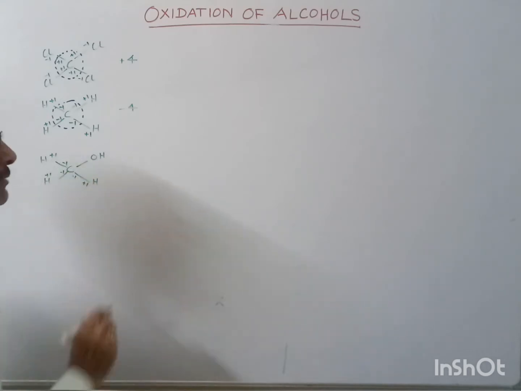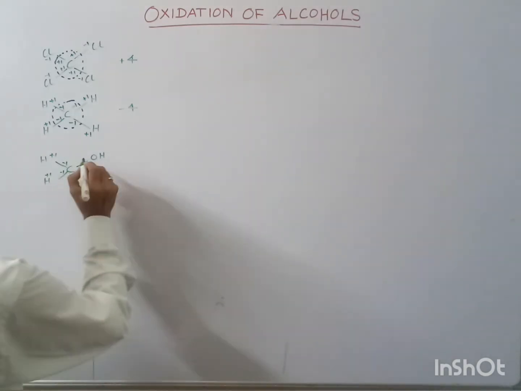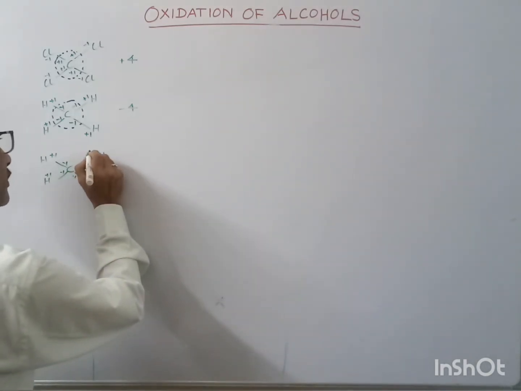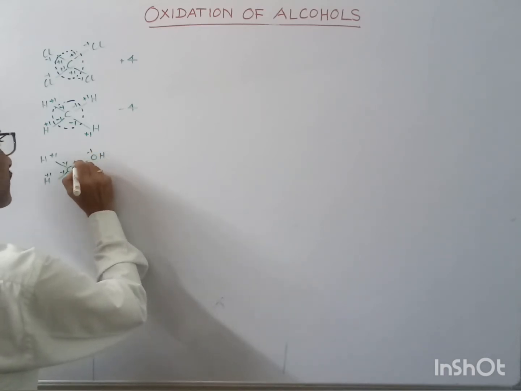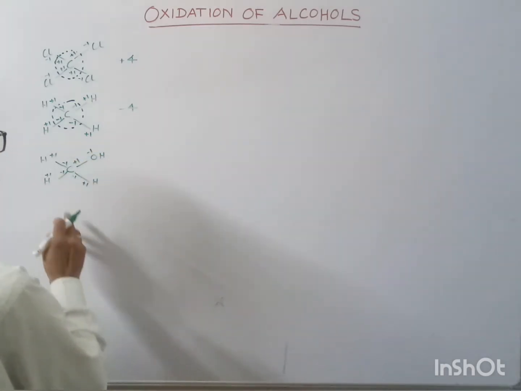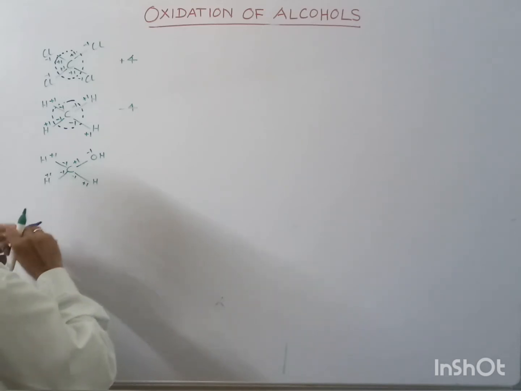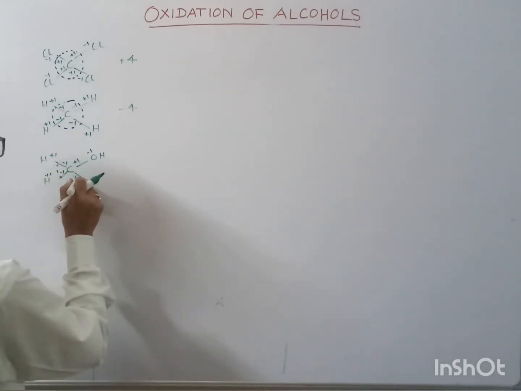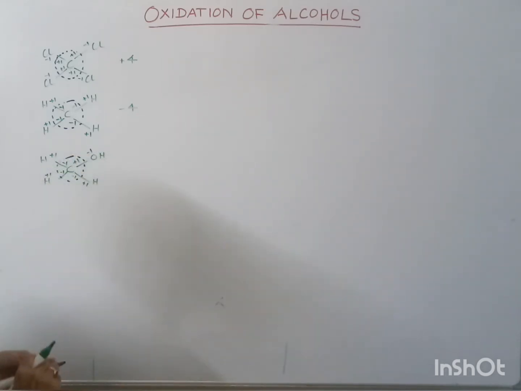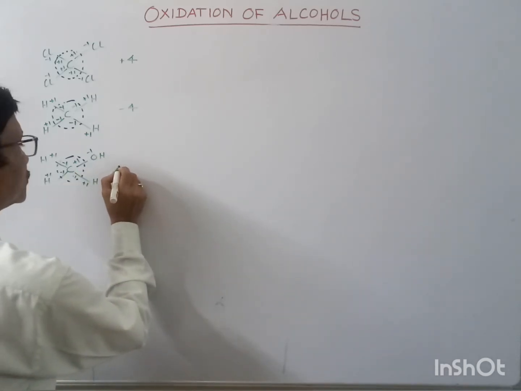Now between carbon and oxygen, oxygen being more electronegative gets -1 and carbon has +1. So overall, there are three -1 charges and one +1 charge.